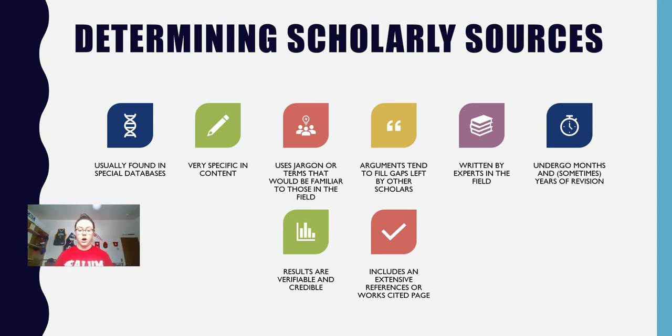And so you have other experts in the field who are basically checking the work before it goes through to publication. So you know that when you're interacting with a scholarly source, the information that you will find is going to be verifiable and it's going to be credible.